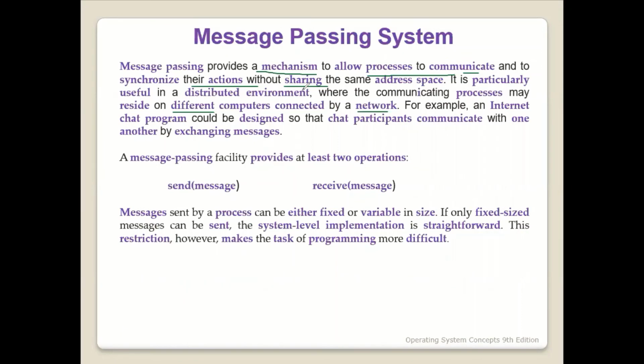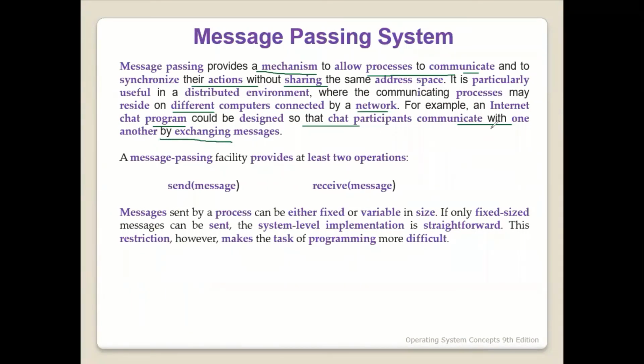You get the idea? For example, an internet chat program, a very simple thing. It could be designed so that chat participants communicate with one another by exchanging messages. Now we are chatting here in the class.